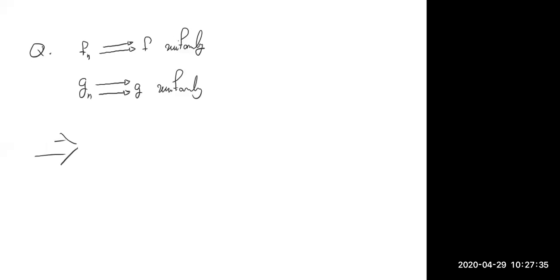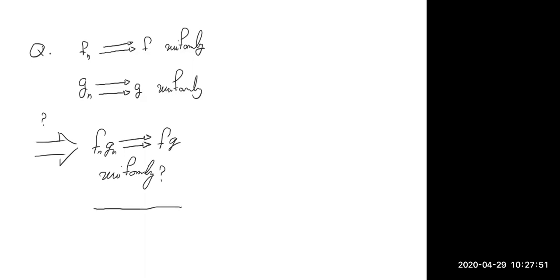Does it imply that Fn times Gn will converge to FG uniformly? Is it true or not? Think about this question for a few minutes.